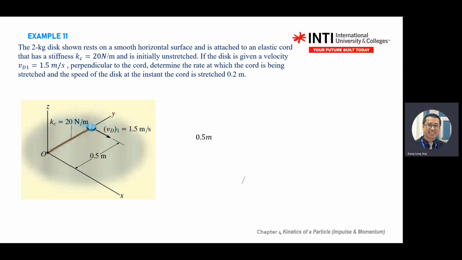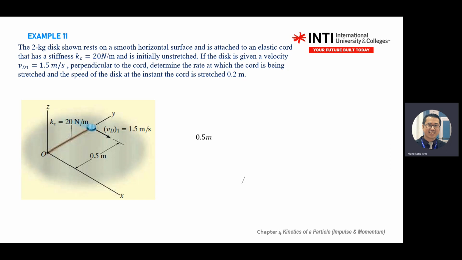So initially unstretched, the disc is given an initial velocity perpendicular to the cord. Determine the rate at which the cord is being stretched and the speed of the disc at the instant the cord is stretched 0.2 meter. You look at the diagram, this one moves in this direction.